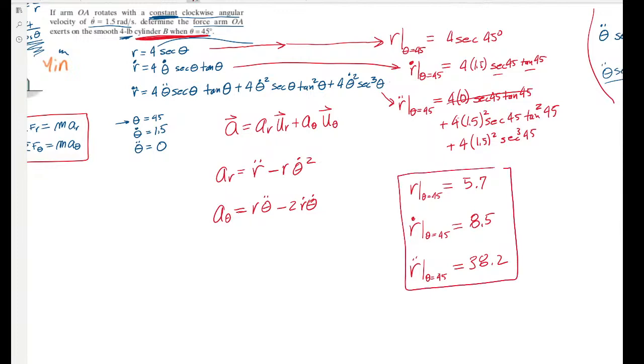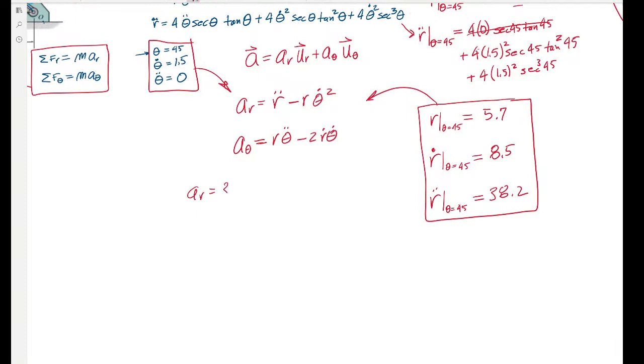Okay, so if I take these and inject them into here, I'll get acceleration r is equal to 38.2, not 4, or maybe it was 30. Anyway, minus r, which is 5.7, theta dot, which is 1.5. I better add the extra terms on here. Well, they're in the calculator.